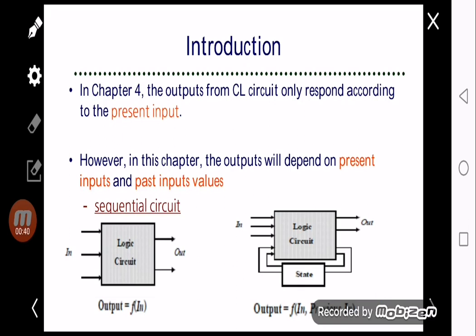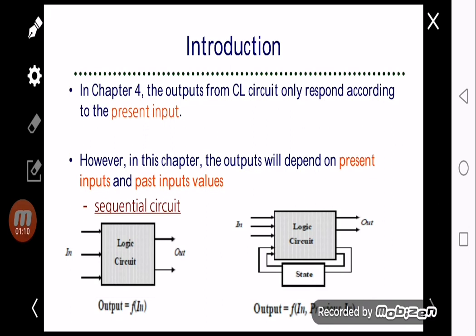Before we go to latch and what is flip-flop, we first need to know what is a sequential circuit and what is the difference between a sequential circuit and a combinational logic circuit. Previously in chapter 4, you already learned how to design combinational logic circuits and how a combinational circuit can be implemented as a logic function.